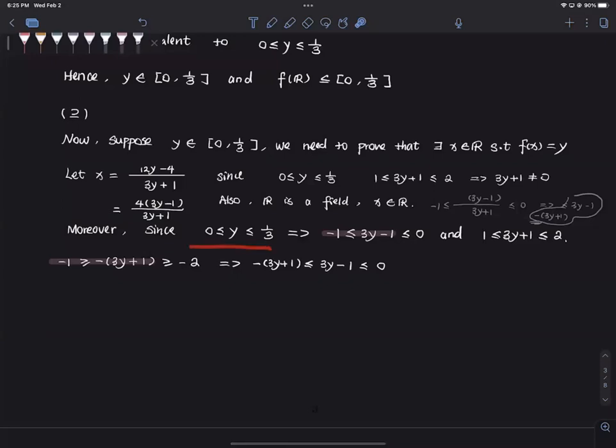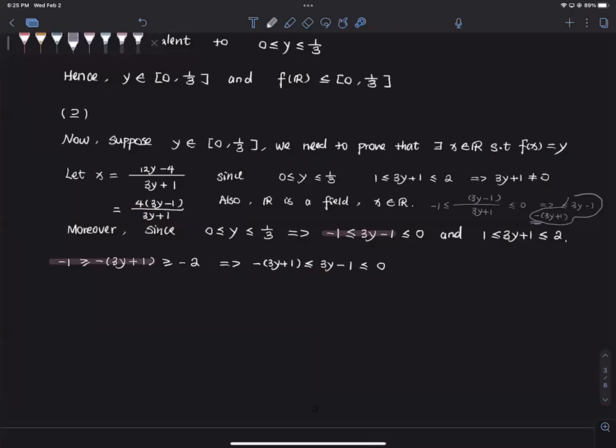Okay, so from this to this is pretty clear. From this to this, I think it's pretty clear. And from here to here, I just multiplied all 3 sides by -1. Why did I do that? Because of my rough work. I know that I need negative of this. Okay, so I get this. And it's simple now because from here to here, you just need to multiply by 4 and divide by this, right? Do you see that?